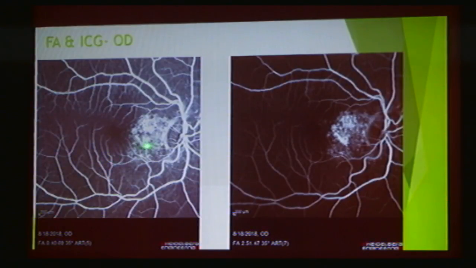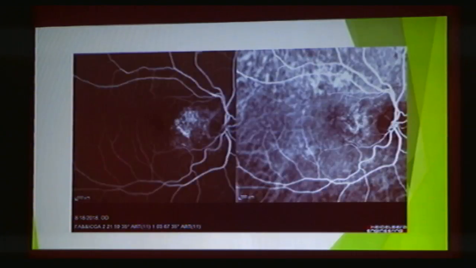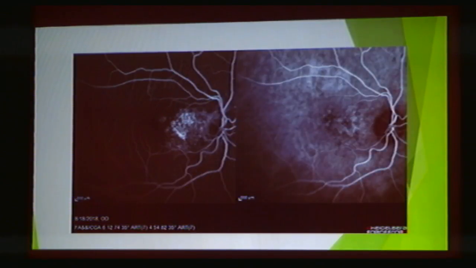The right eye FA in the early phases shows mottled hyperfluorescence with the leakage in the late phases, and the ICG of the right eye shows the corresponding area of the FA showing branching vascular network with the polyps near the fovea, which is showing washout in the late phases of ICG.